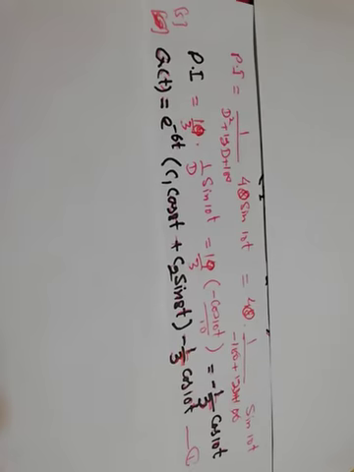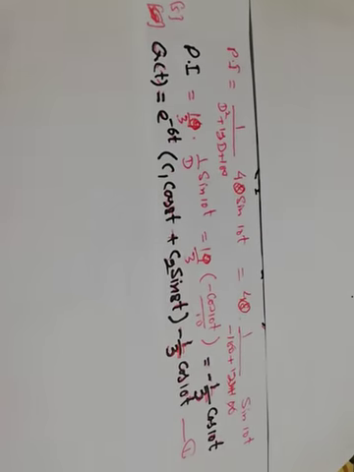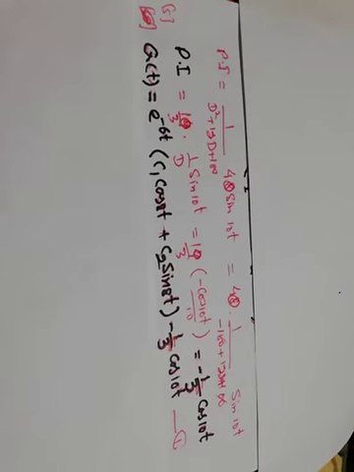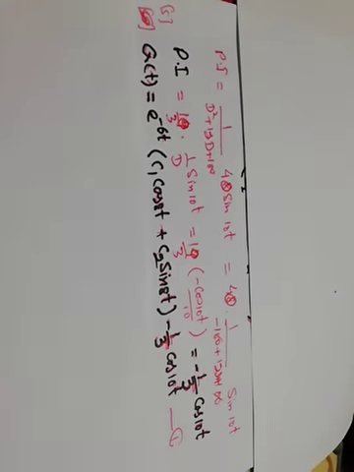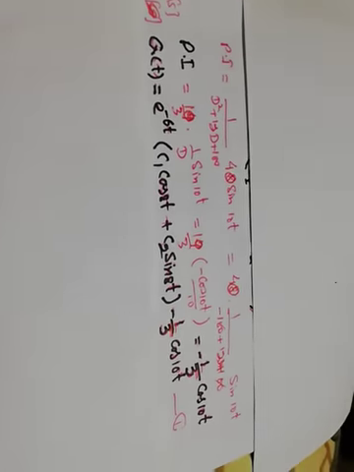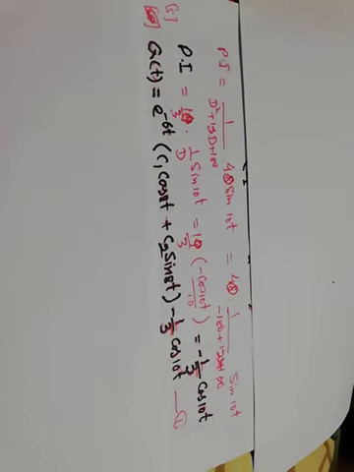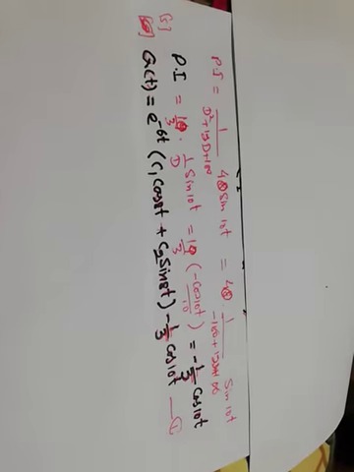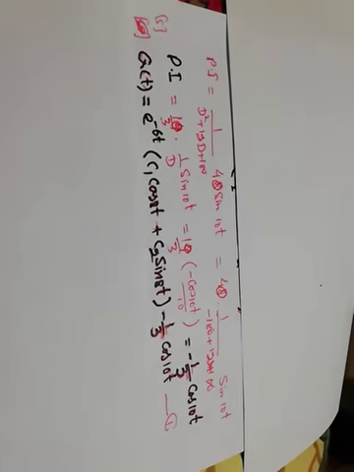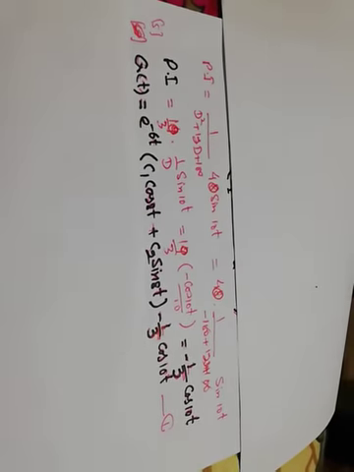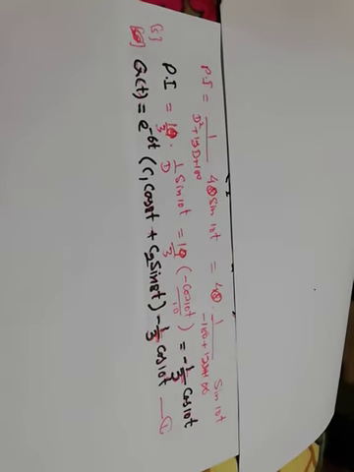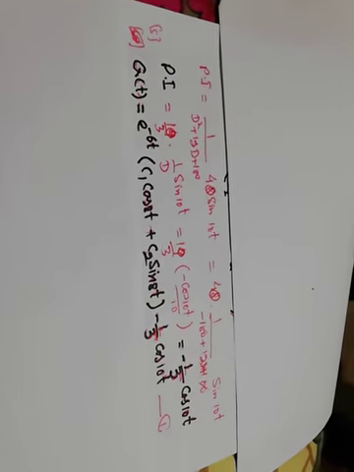Hence the solution will look like q(t) is equal to e raised to power minus 6t times (c1 cos 8t plus c2 sin 8t) minus 1/3 times cos 10t. This is the solution for the charge at any time t. Now we will look at the solution for the current as well, and then we will eliminate the arbitrary constants c1 and c2.